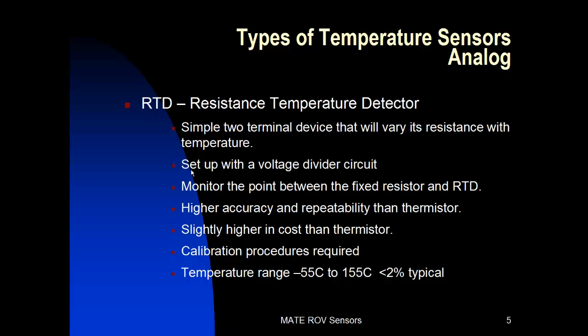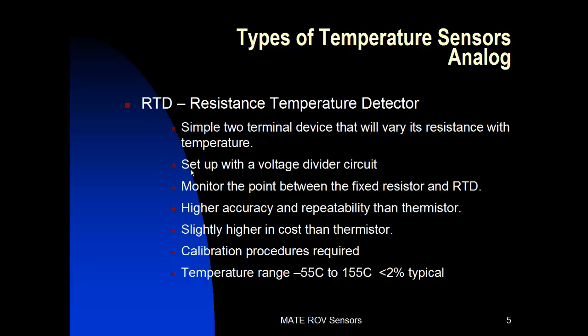Another type of analog temperature sensor is the RTD, resistance temperature detector. Again, it's a simple two-terminal device, and its resistance will vary with temperature. And again, you set up a simple voltage divider circuit, and you monitor the point between the fixed resistor and the RTD.